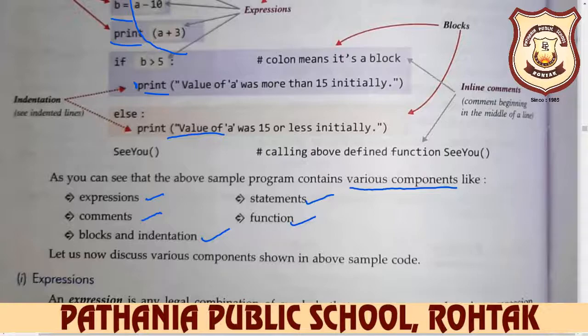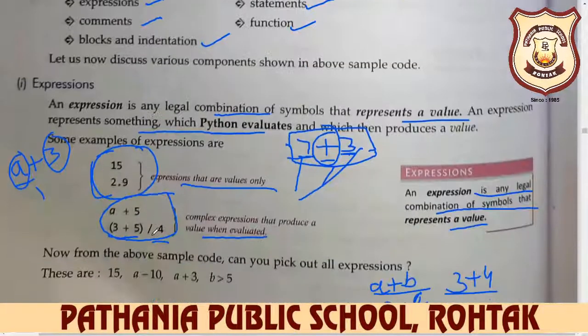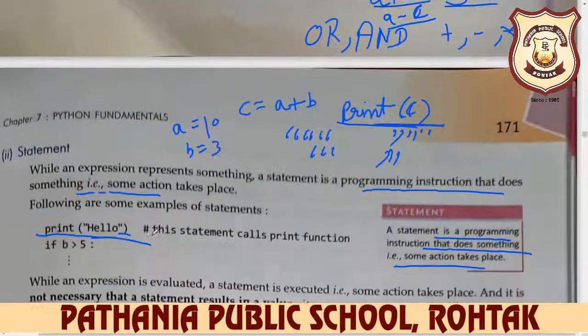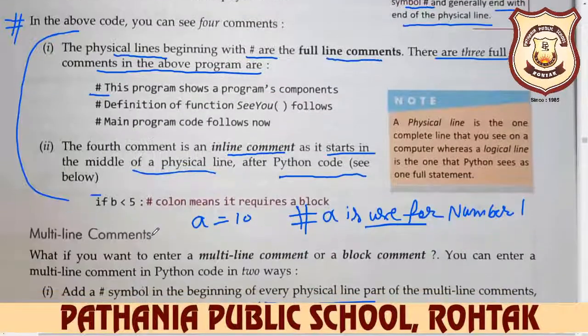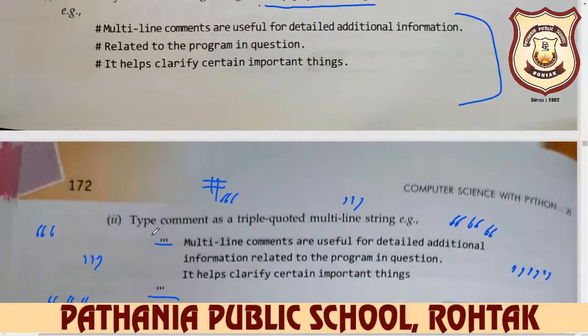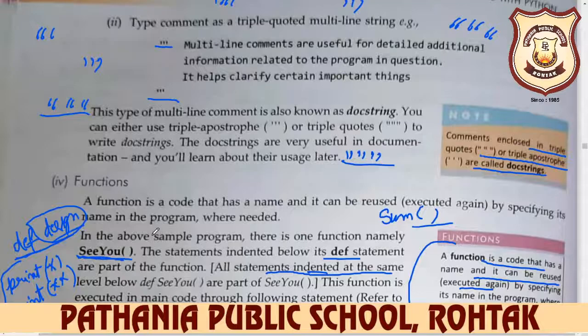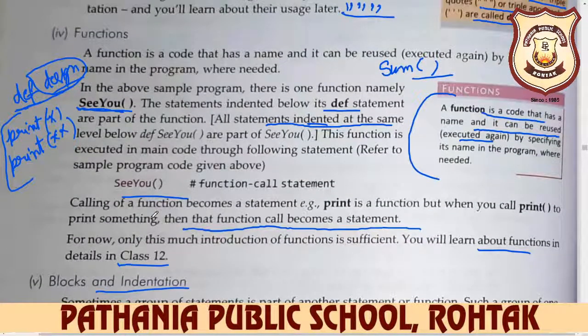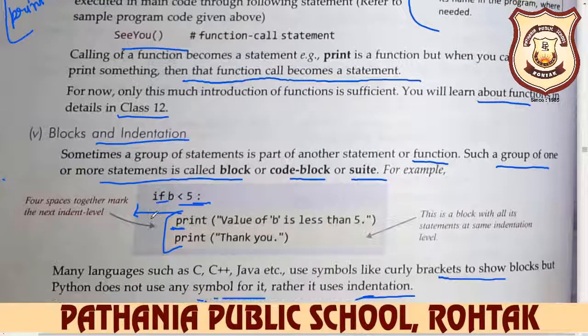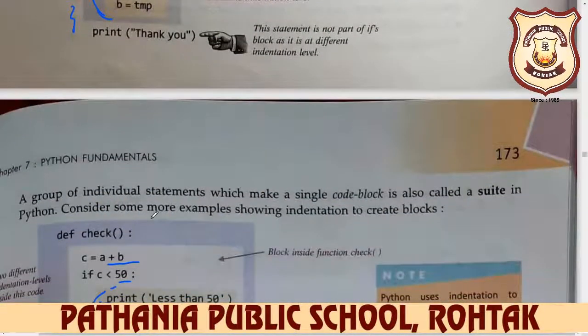Okay, so these are the basic components that are used when we create any program in Python: your expression, your statement, and your comment. And there are 2 types of comments: single line comment and multiple line comments. Single line comment is declared with the hash sign, and multi-line comment is declared with triple quotes or inverted commas. And next your component is functions, and next is your blocks and indentation.